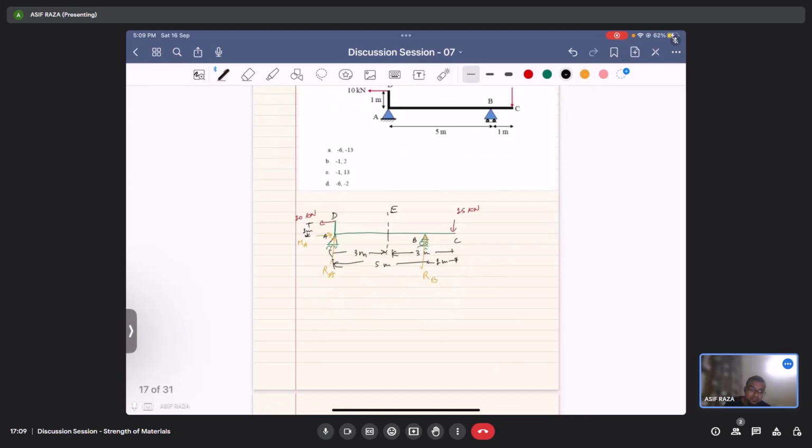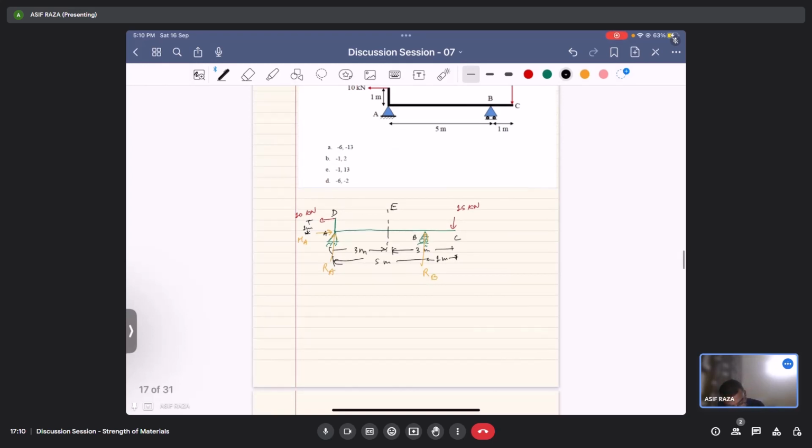I'll just try to find RB, because if I try to find the shear and bending moment from the right hand side, only RB is sufficient to compute. So what I will do is take moment about A equal to 0.